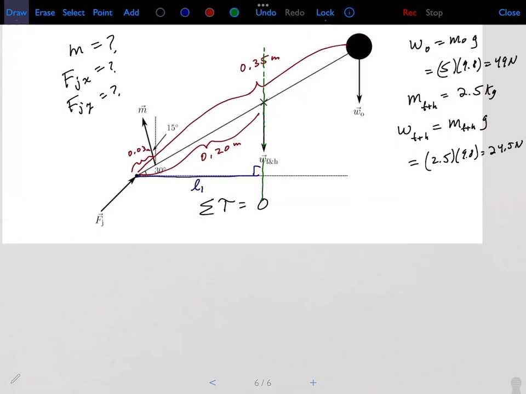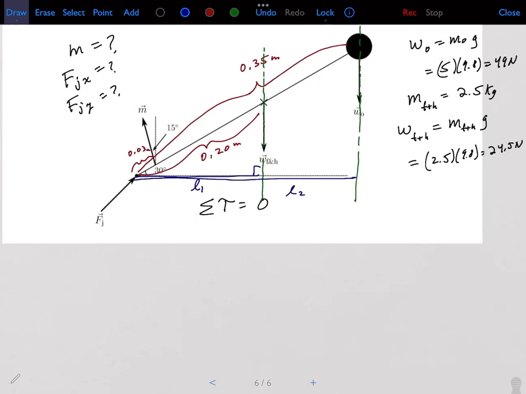Then the weight of the object, this is the line of action. So the moment arm is going to be this distance from here over to here. I'll call that L2. That's the total distance across.